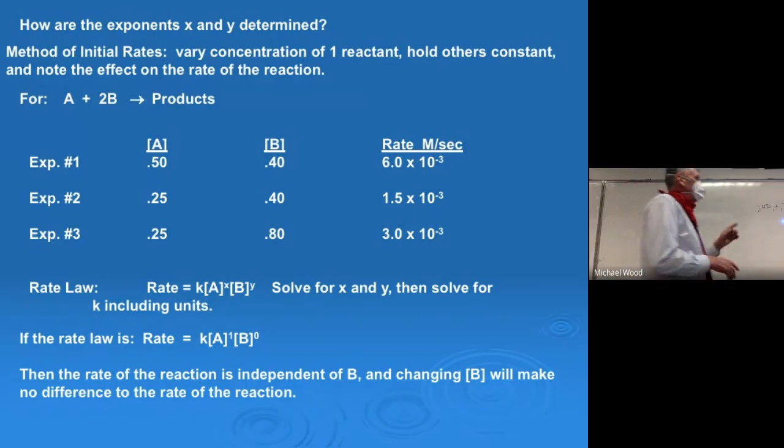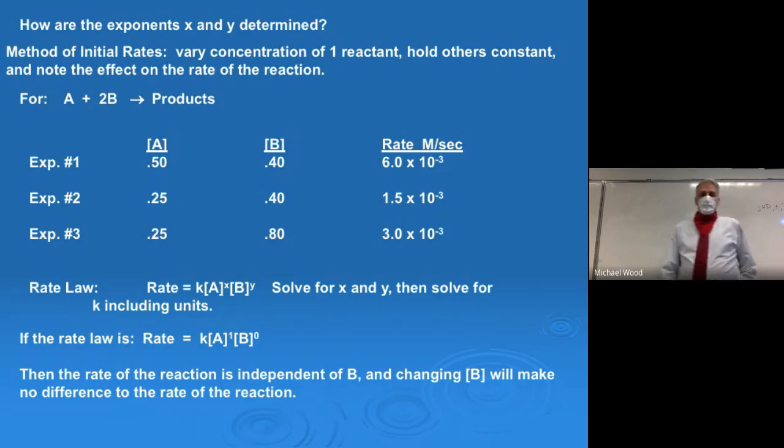Think about it mathematically: anything raised to the zero power is one. So the rate of the reaction is independent of B, because anything to the zero order is one. Changing B will make no difference to the rate of the reaction.